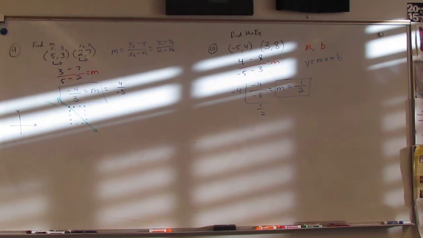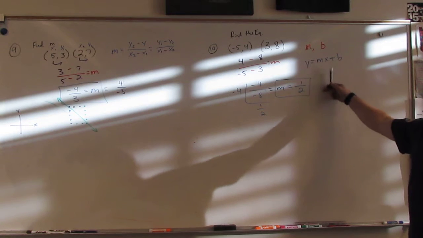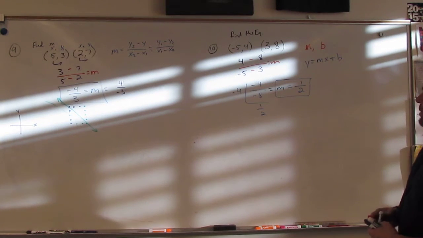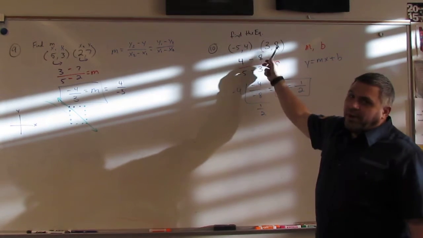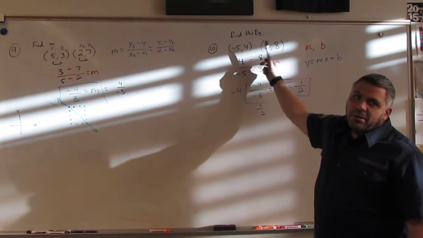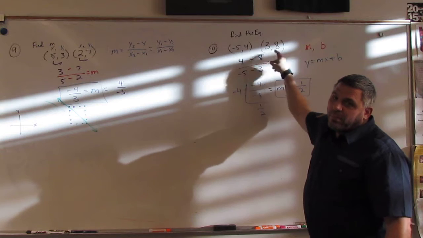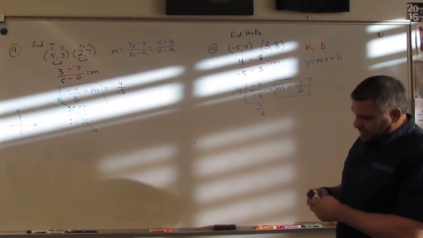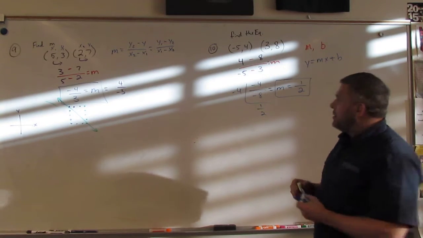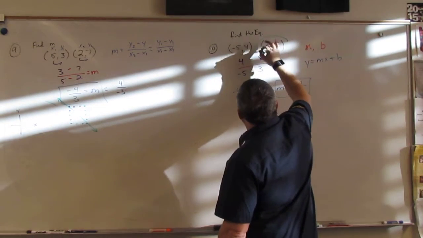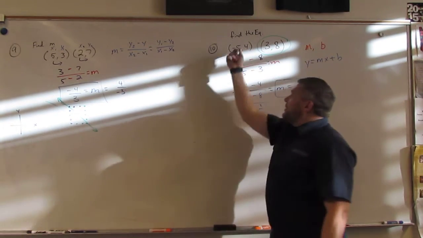We're going to use that y equals mx plus b, right? But we also need one of these points. Which point would you use? The one with the 8. Why?